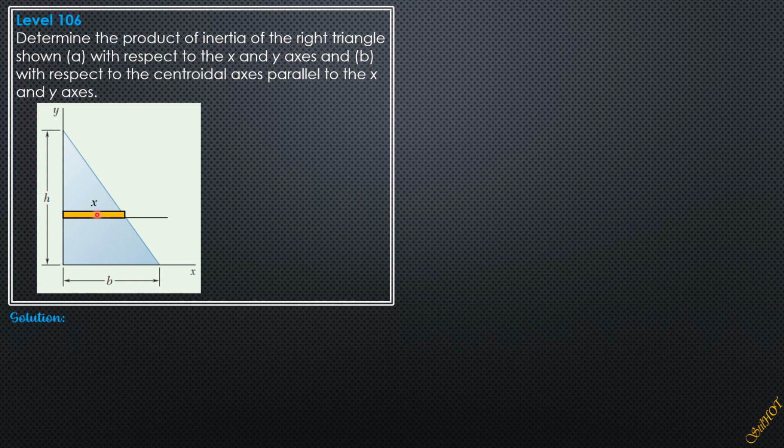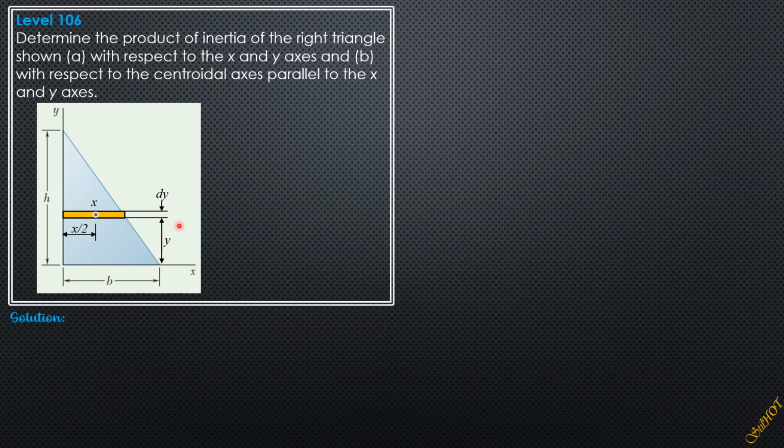So for the solution, let's have that strip. The length is x of the strip. The distance of every element of that elemental strip from the x-axis is y, and the thickness is dy. So the differential area is x times dy. Remember that the centroid is here, and that distance of the centroid from the y-axis is x over 2.